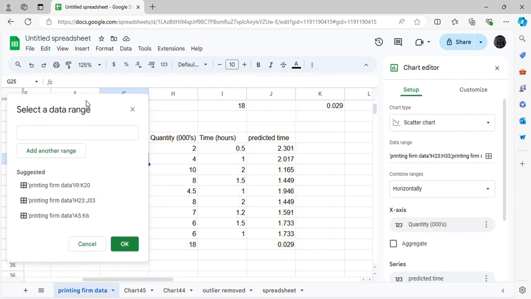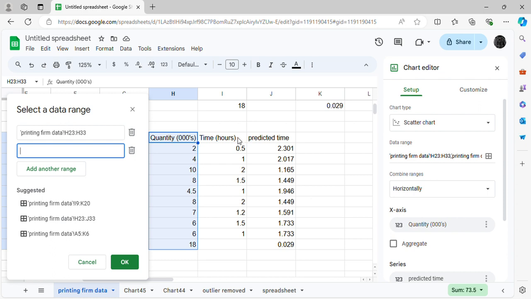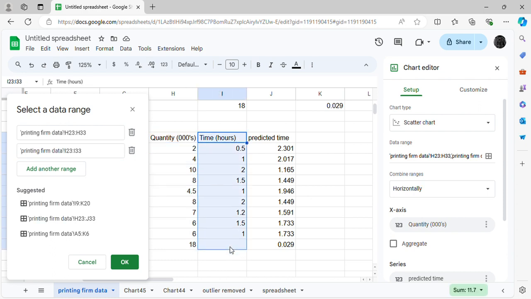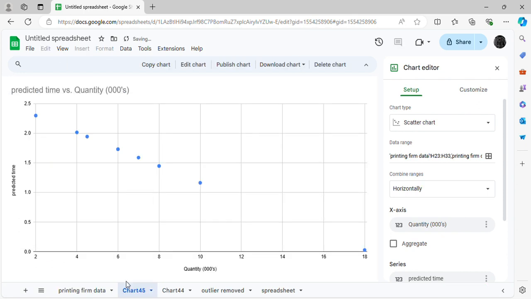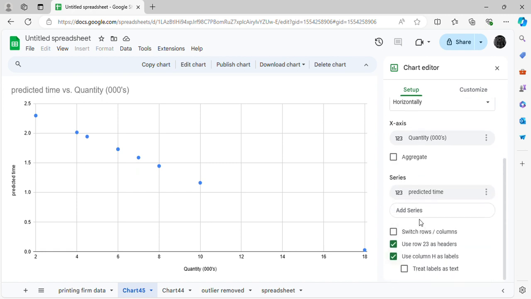So for the data range, let's add the quantity values. Then let's add the time values. And let's add the predicted time. So for the series, there is predicted time plotted.